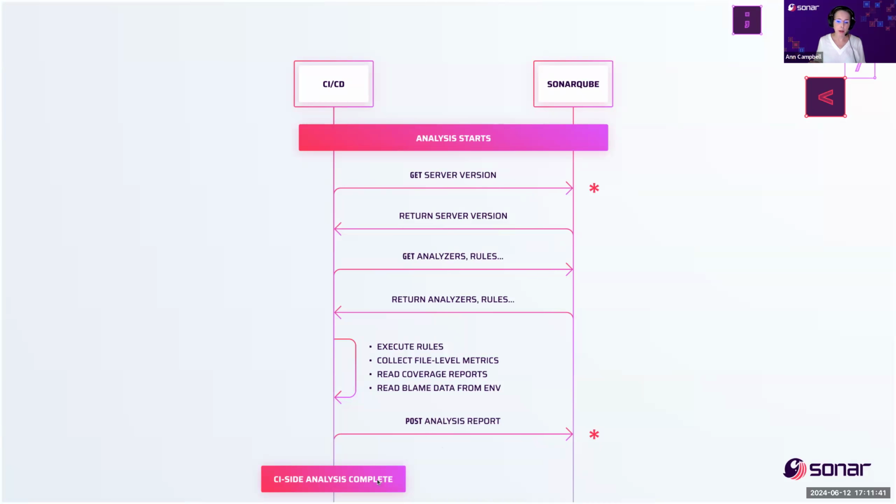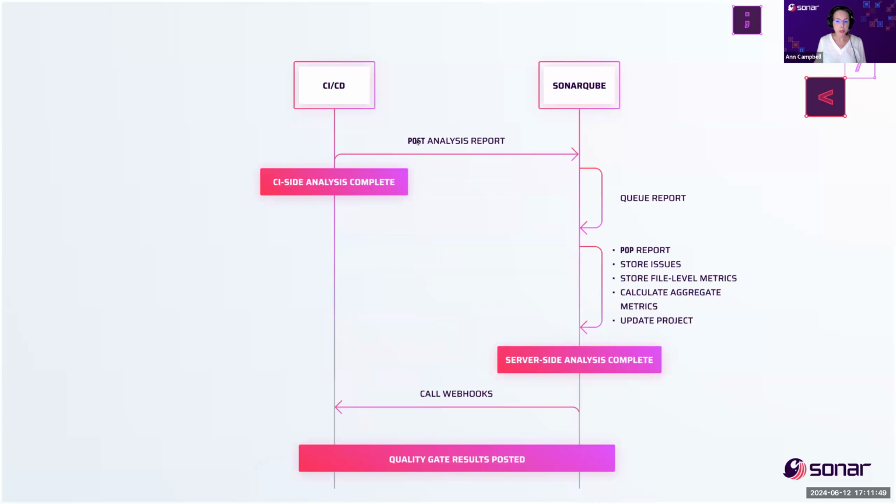Okay, so at this point, the CI side analysis is complete, but analysis overall is not yet complete. So what happens, we post the analysis report to the SonarQube server. SonarQube receives that report and it queues it for processing in turn. When it's that report's turn, that report is popped off the queue, unbundled, and we store the issues, we store the file level metrics, and then from those file level metrics, we're going to calculate the aggregate metrics.